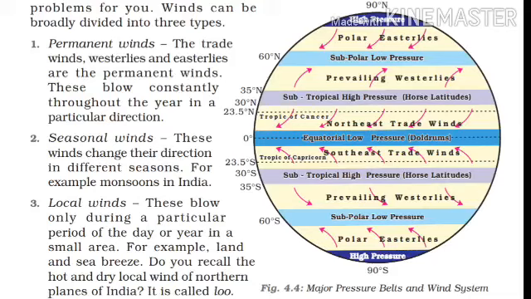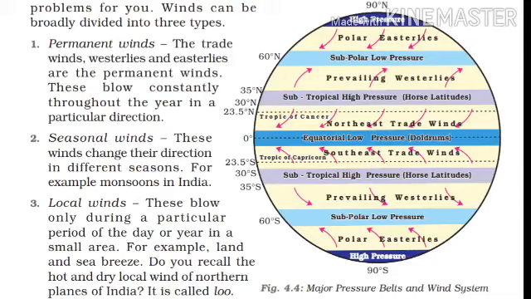And now we come to polar winds. What are polar winds? The polar winds are those winds that blow from the polar high pressure belts to the subpolar low pressure belts. They are also known as the polar easterlies. Why? Because they blow from a somewhat easterly direction.